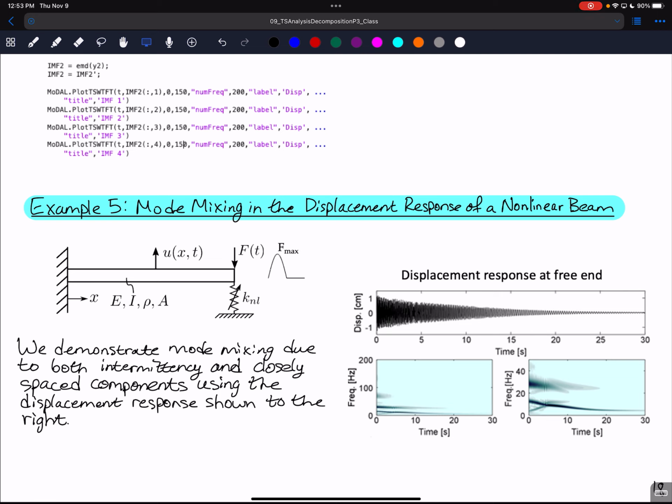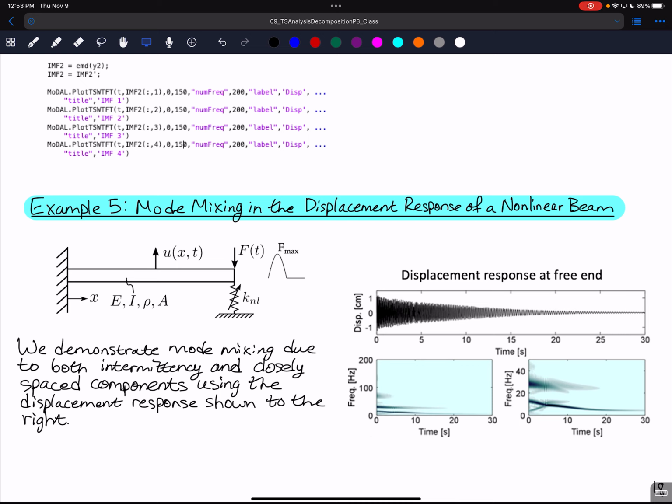It's got a cubic spring at the far end, and an impulse is applied to that free end as well. The response shown on the right is the displacement of that free end, and beneath that is a wavelet transform from 0 to 200 hertz, and on the right is that wavelet transform from 0 to 50 hertz, just so you can see these 2 components in here.